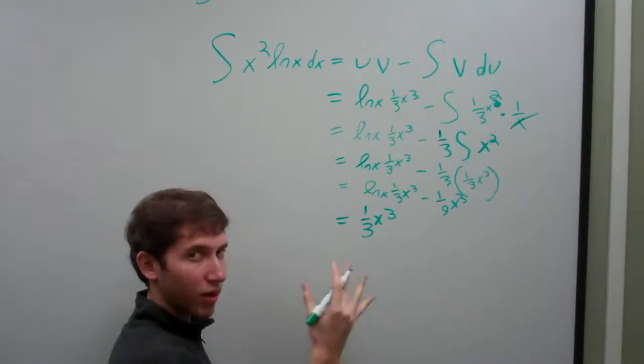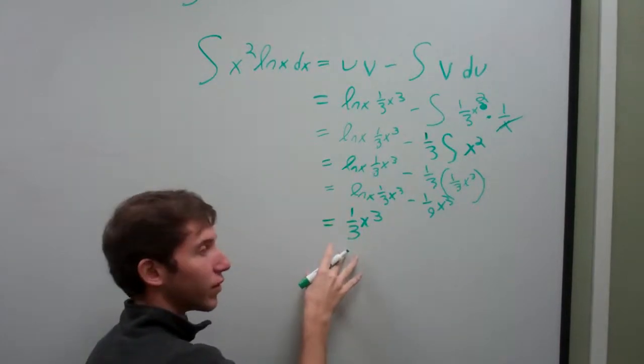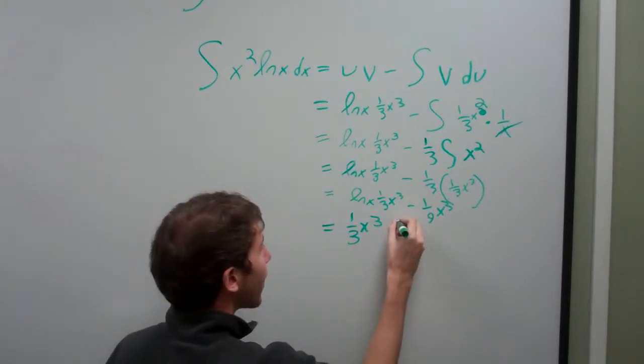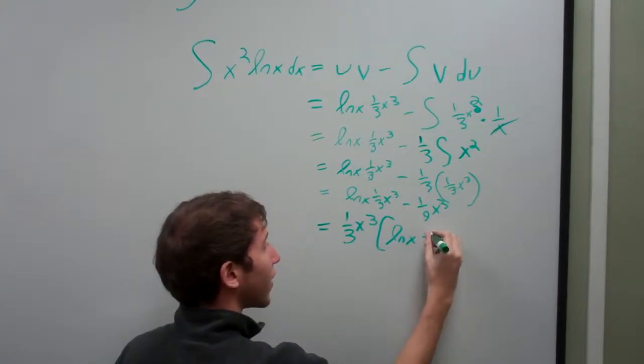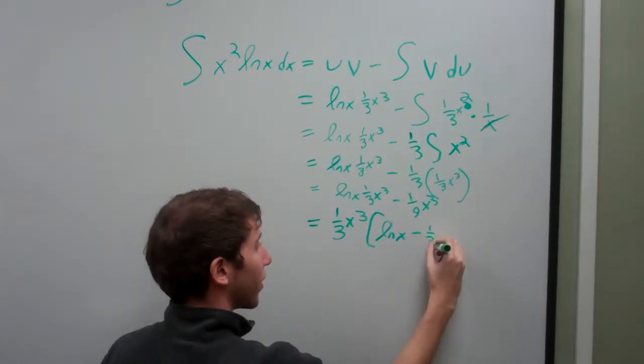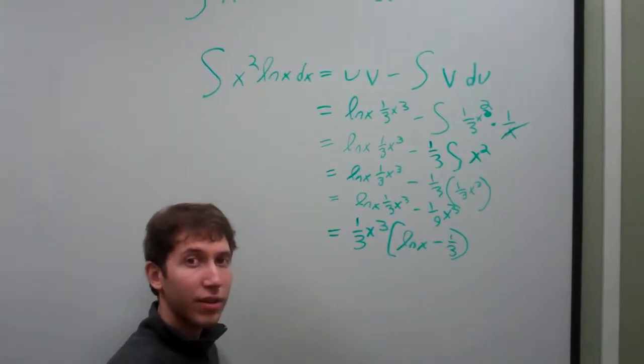So our final product is going to be 1 over 3 x cubed times ln of x minus 1 over 3. And that's how you do integration by parts.